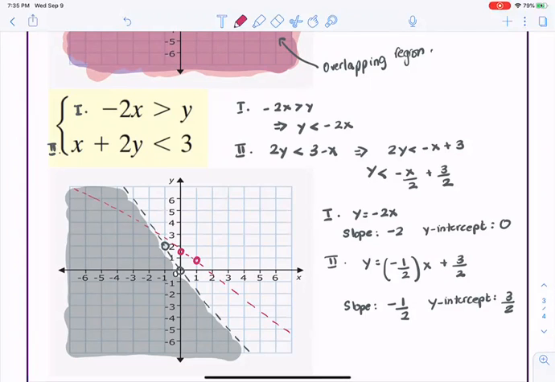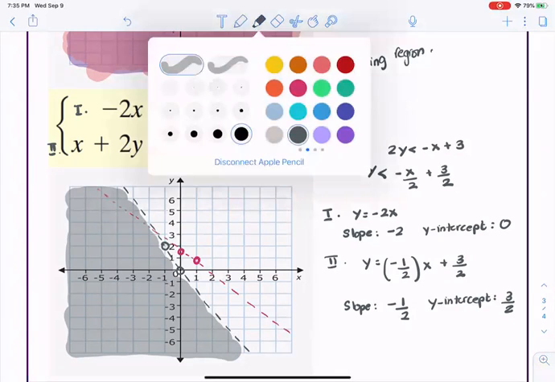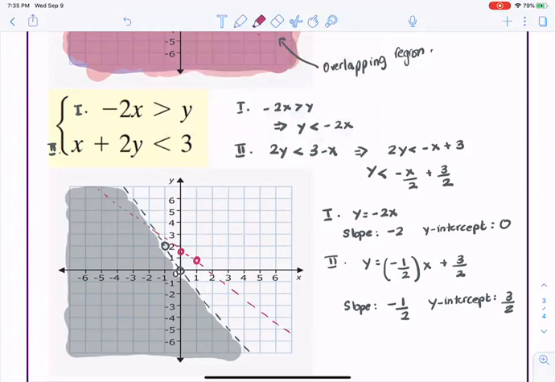Better, I guess. That's better. Since it is less than negative x over 2 plus 3 over 2, we have to shade everything below that line.